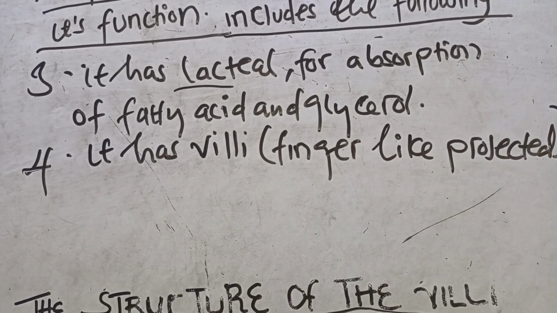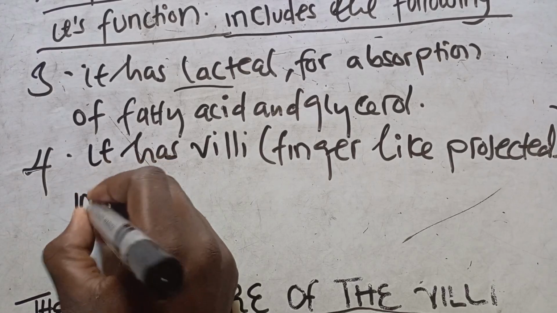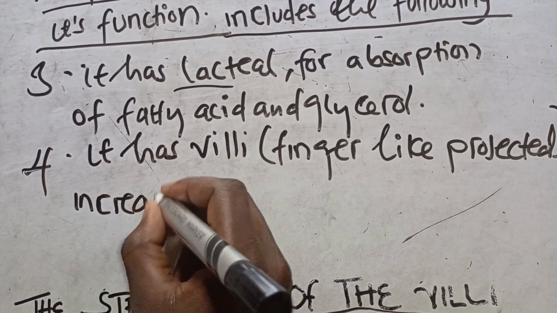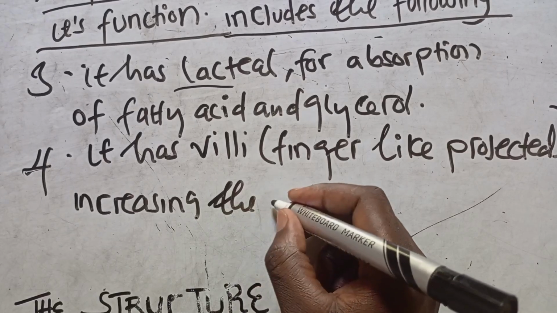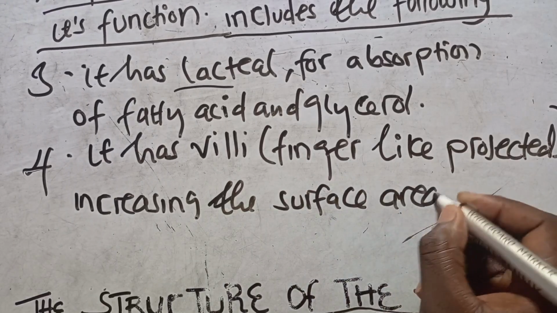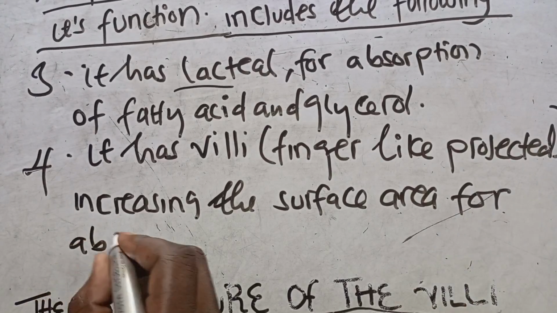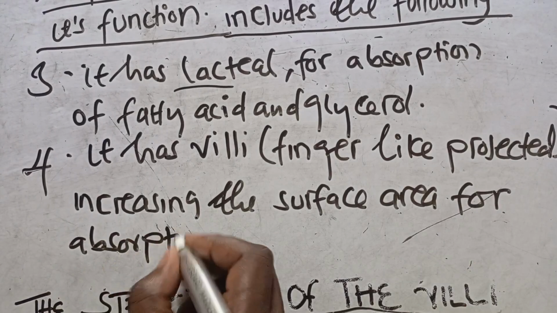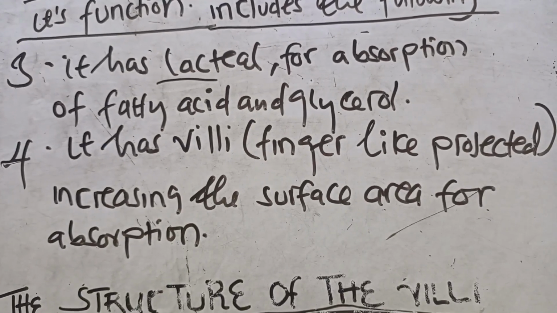Then we are saying that the function of this villi is to increase the surface area. Increasing what? The surface area for absorption. So this is what we need to understand. So it has the villi, finger-like projections, increasing the surface area.